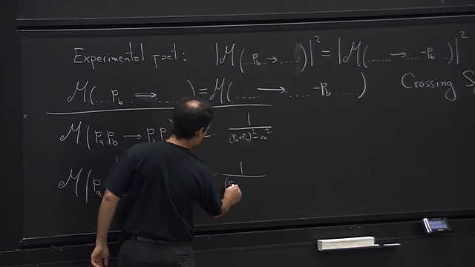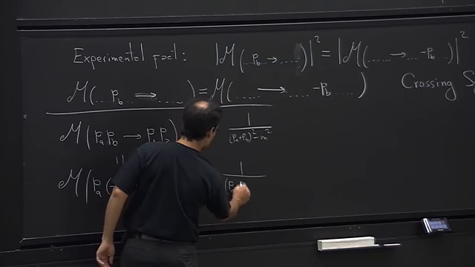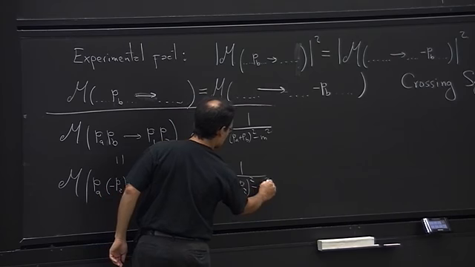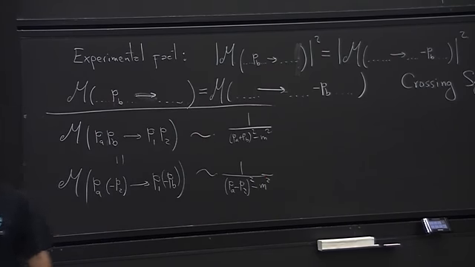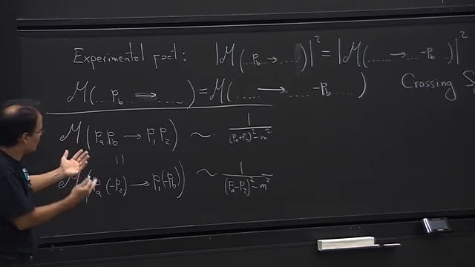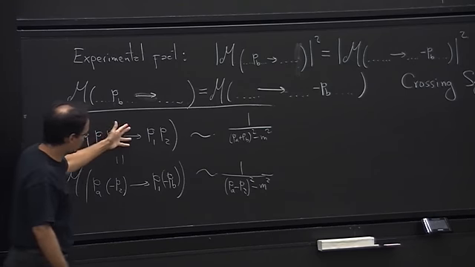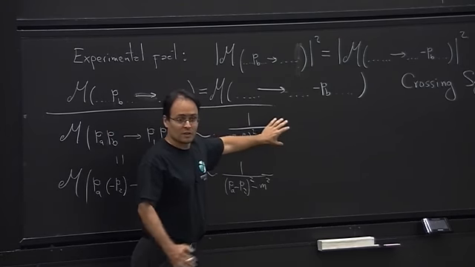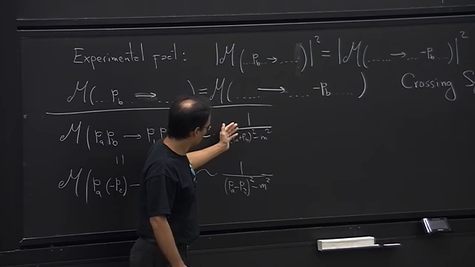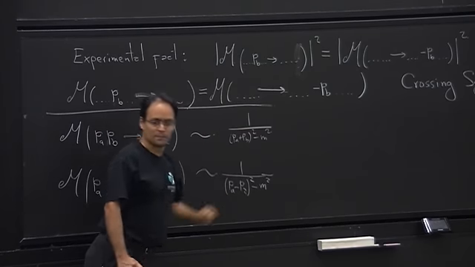It should have a pole at PA minus P2 squared minus M squared. How about that? The same function should have these two poles. It's the same function. It's the same analytic. It's the same rational function. So somehow this guy, when we compute it, should have this pole, but it should also have this pole.